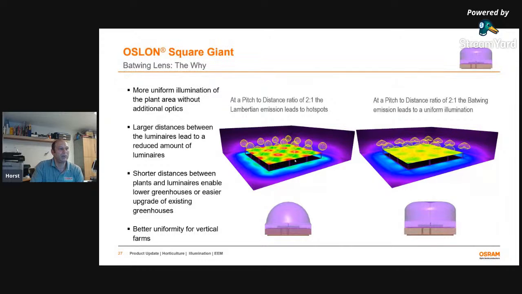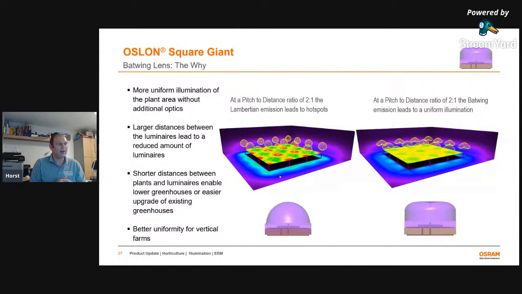And if you want to illuminate an area where the plants are homogeneously, you might put in some more and run them at lower power, but this then destroys your economics. And therefore, we made up our mind about what we can do to improve this effect.